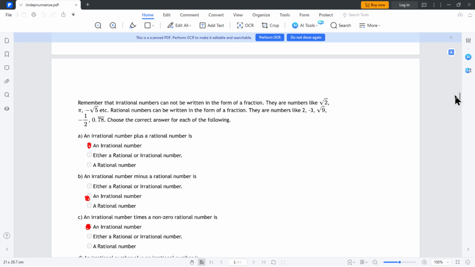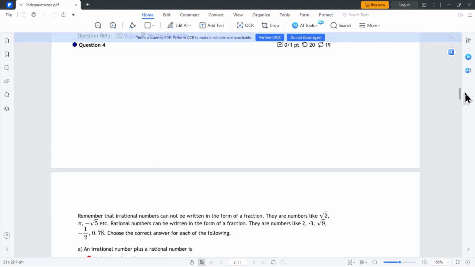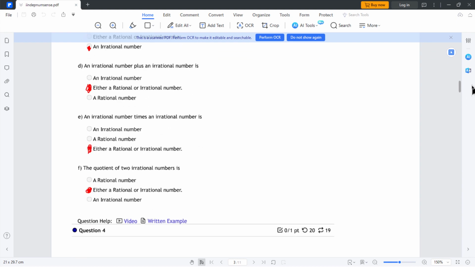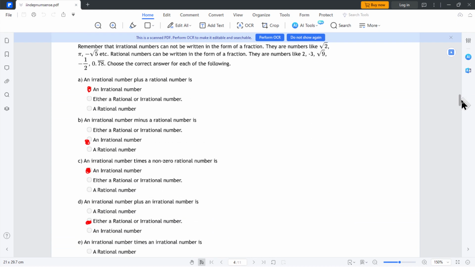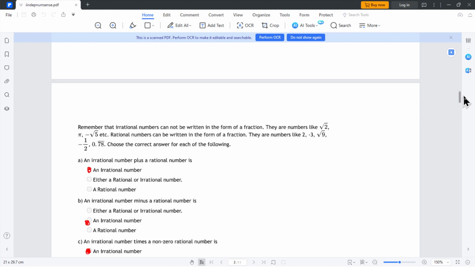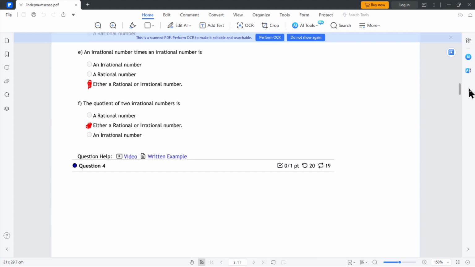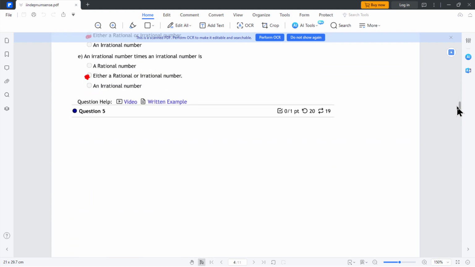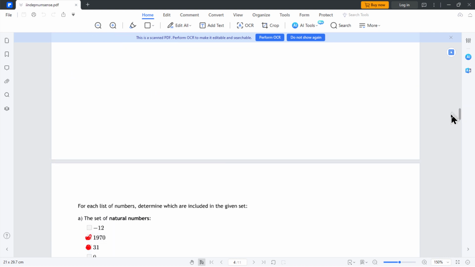So if I have pi minus 3.14 minus 1 is still going to be an irrational number. And it looks like it's the same problem. Let's go on to question 5.